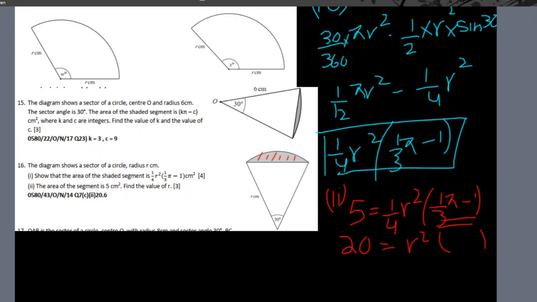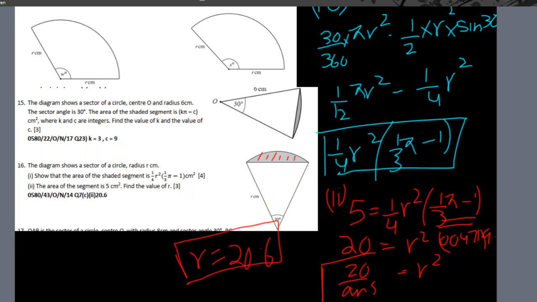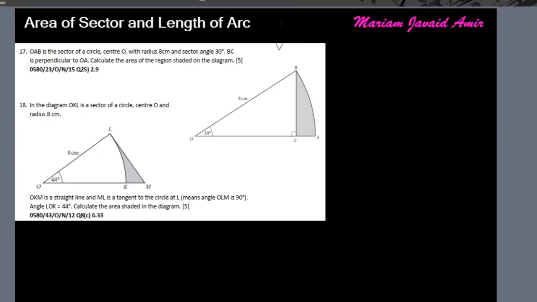Let's find this out: 1 over 3 times pi, minus 1, is 0.04719 and so on. Then r square equals 20 over the answer, and then take the square root. 20 divided by the answer and then the square root of that is 20.58, which gives 20.6 as the final answer, rounded off to 3 significant figures.